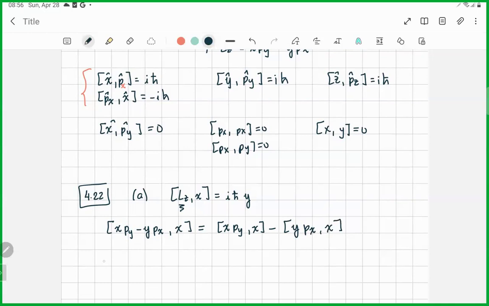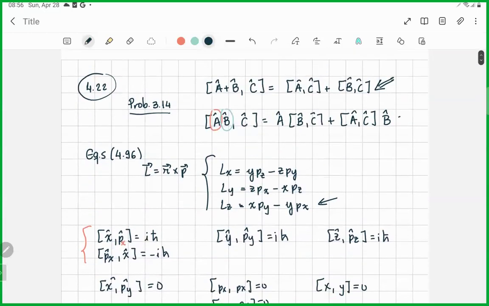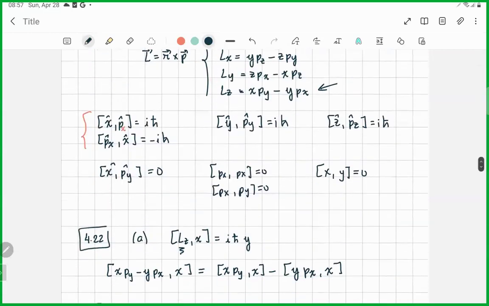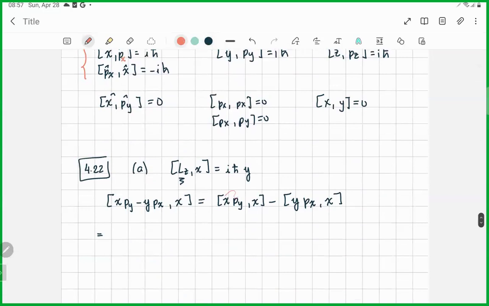And what are we going to do next? Well, next I'm going to use this other property for the case where we have the product between operators. Here the X shows up in the first position, so I'm going to take it out of the commutator and put it in front of everything, PY X. Now I'll do it again, but with the PY, I'll take it out and put it at the end.